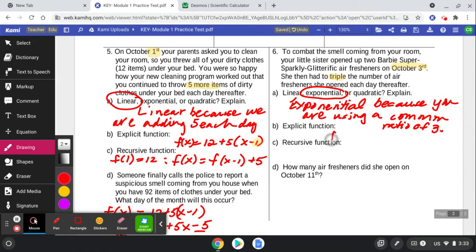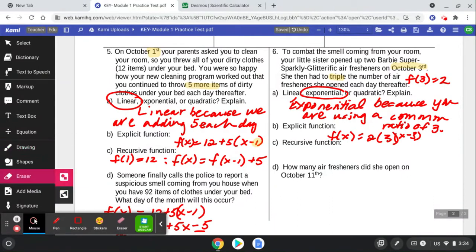The explicit. Now, when it says that on October 3rd, she opened up 2, what they're giving you here is the f of 3 equals 2. So for the explicit, we're going to say that you had 2 air fresheners, and then you're tripling that to the power of x minus 3 because it's October 3rd. So this is saying basically it's a times 3 function. Did you catch that? Let me write this explicit a little bit better.